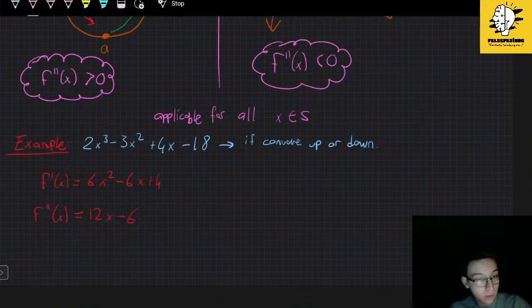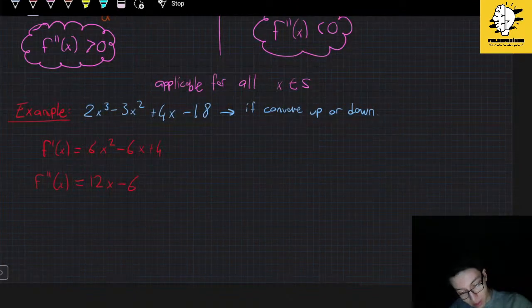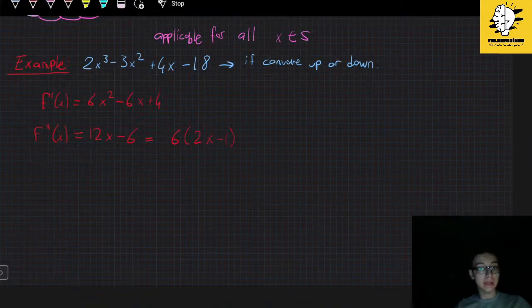Again, this reminded me of something that you have just mentioned. I can see that this can be written in the form of 6 in parentheses 2x minus 1. Can't I draw a sign diagram about this? Yes, of course I can.